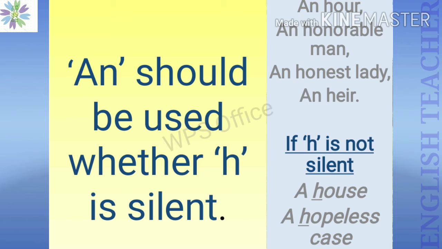We can move on to the next case of an. An should be used where H is silent. Examples are an hour, an honorable man, an honest lady, an heir. If H is not silent, a house, a hopeless case.